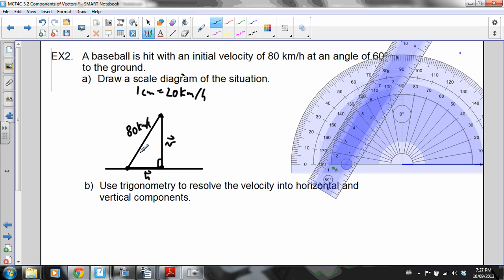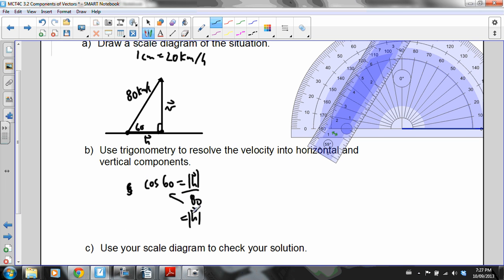We said that this was 60 degrees, and so now I can find these. If I wanted the h, the horizontal rather, that's the adjacent side, so it's the cos of 60 is the magnitude of h over 80. Cross multiply, and that answer should be, I think, 40. And that's kilometers per hour.